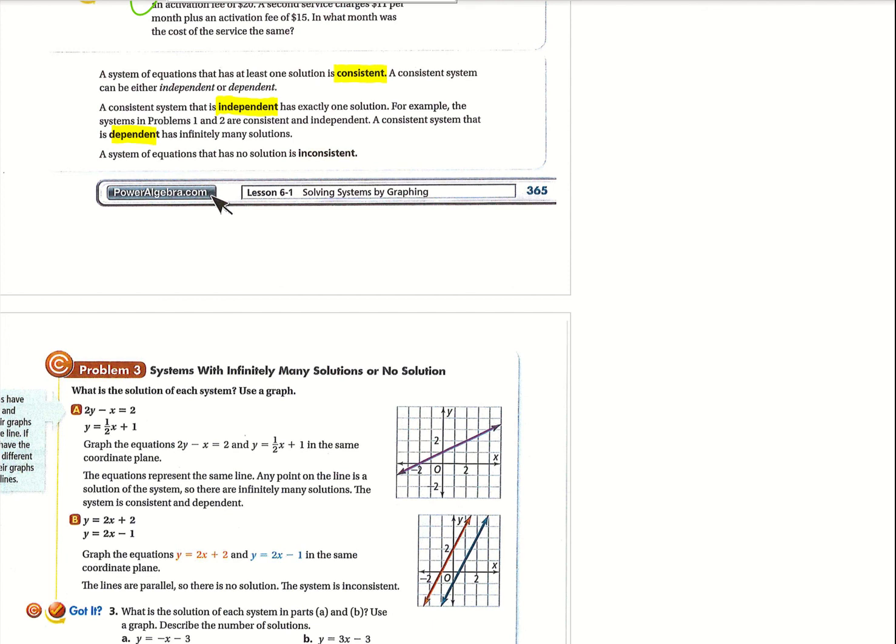An example of one that would be inconsistent, basically the only ones that will be inconsistent are the ones that are going to be parallel. So if they're inconsistent, that means they're going to be parallel.